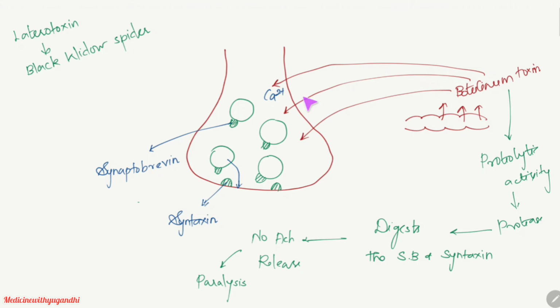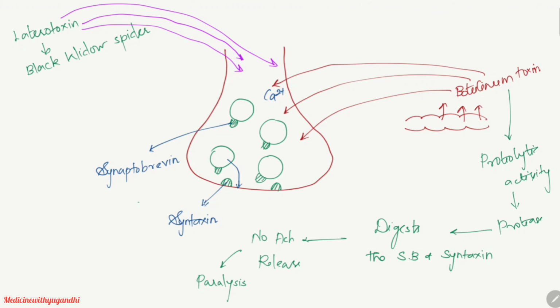Do you know that the nerve endings love to be more concentrated with this latrotoxin. So as soon as this gets absorbed, it starts accumulating in the nerve ending. This latrotoxin increases the interaction between the synaptobrevin and syntaxin, and thus leads to increased release of acetylcholine from the vesicles.